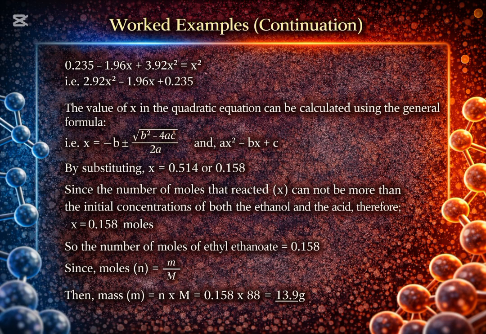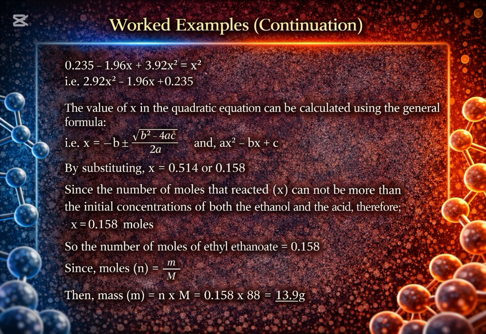Now the first answer here, 0.514, is higher than the two of them, so it is impossible for 0.5 to disappear from an amount that is smaller than it, which means our answer will be 0.158 because it is smaller than the initial concentrations. So since the number of mole that reacted, X, cannot be more than the initial concentration of both the ethanol and the acid, therefore X is 0.158 moles.